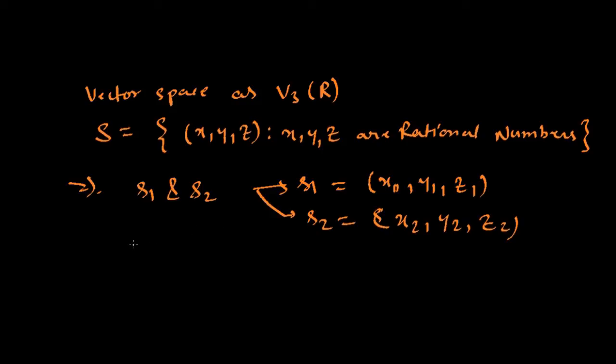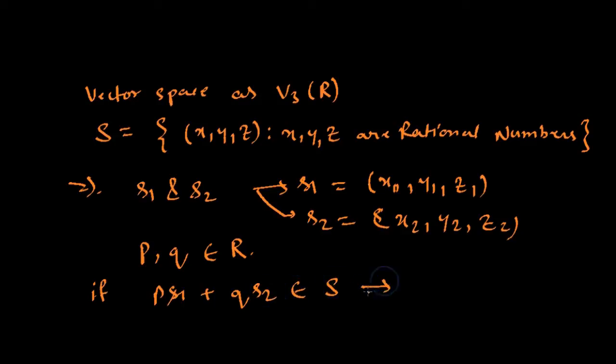If we take any two elements from our field R, say P and Q, then if PS1 + QS2 belongs to S, we can say that S is a subspace of V3.